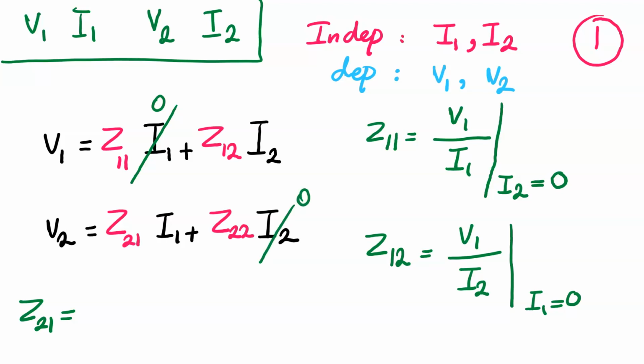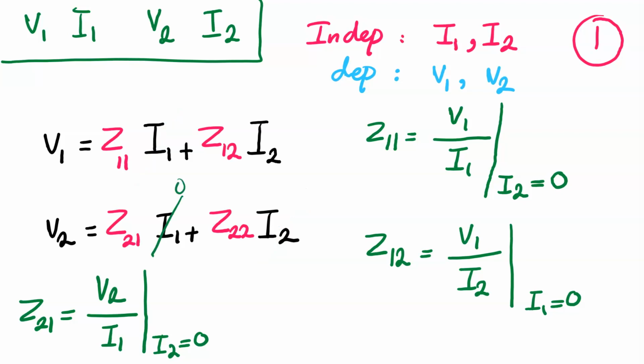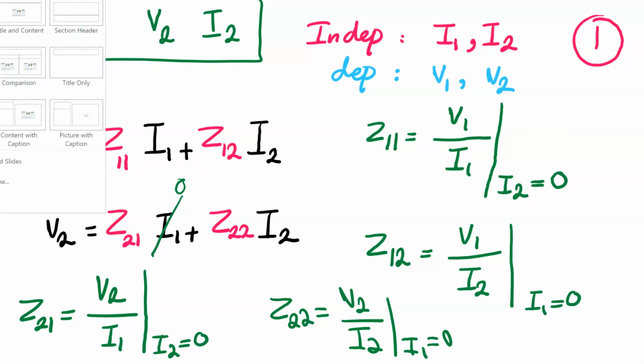So Z21 is equal to V2 over I1 when I2 is equal to 0. And finally, for Z22, I have to assume that I1 is 0. So it helps me to find Z22 here, which is equal to V2 over I2 when I1 is equal to 0. Okay. Now it's a little bit crowded here, so I'm going to write everything in a table in my next slide.